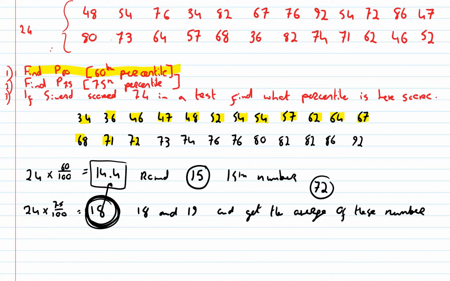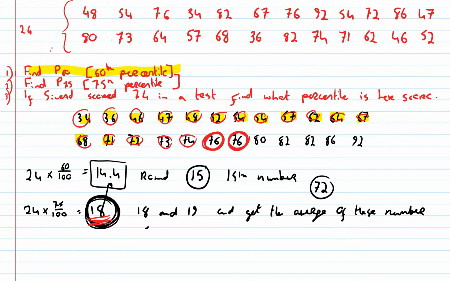Right, so I'll explain to you. We're going for the 18th number. Well, first, second, third, fourth, fifth, sixth, seventh, 8, 9, 10, 11, 12, 13, 14, 15, 16, 17, 18. There's my 18th number. But look, it's a whole number I got, so I also take the next number and I get the average of these.